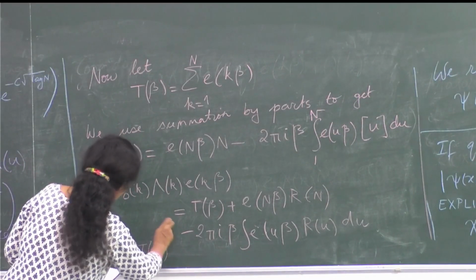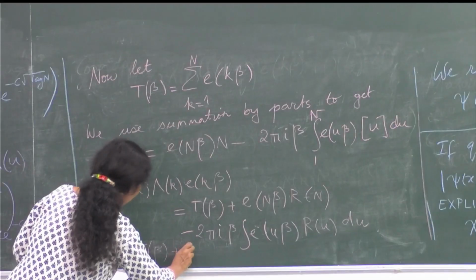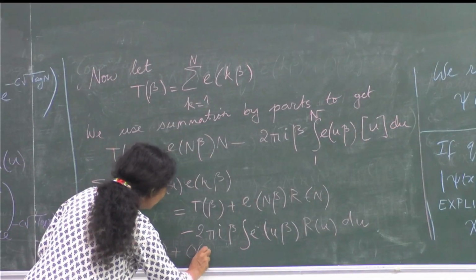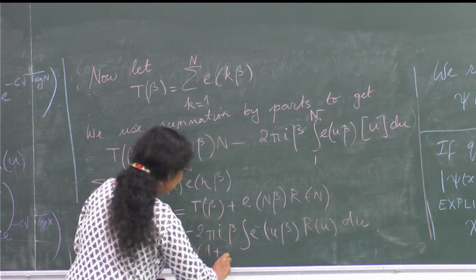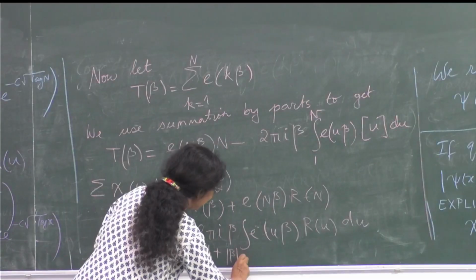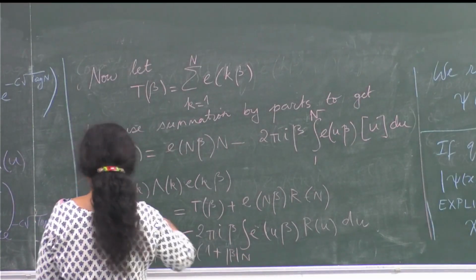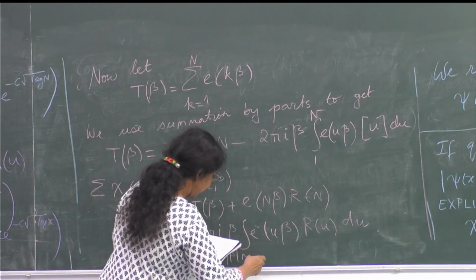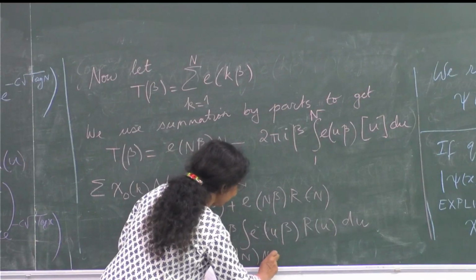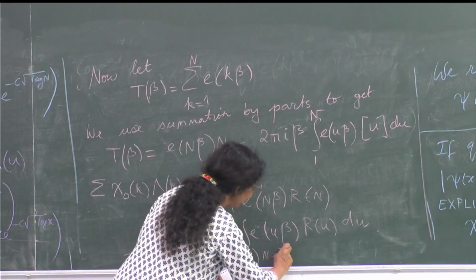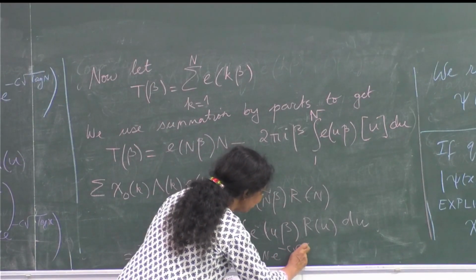So the idea was to separate out T, and we have done this, and that's equal to T beta plus big O of 1 plus beta n, that's what we get from over there, n exponential minus c square root of log n.